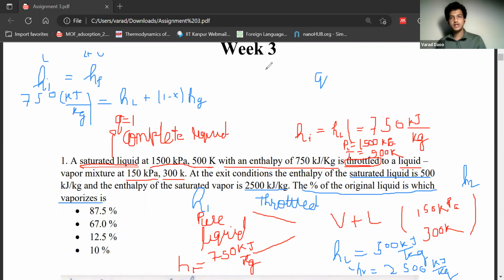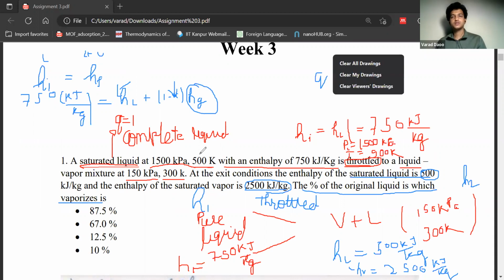Now this has been given as 750, this as 500, and this as 2500. What we are asked to find is this x value. I hope this is clear. If anybody would like to try, you can plug in the values and get the answer. In the meanwhile, I will show you the handwritten solution.